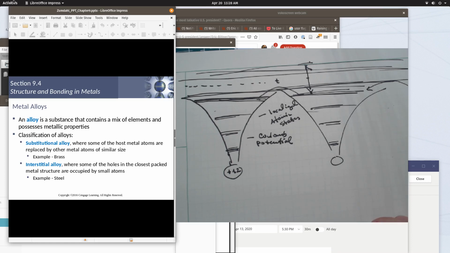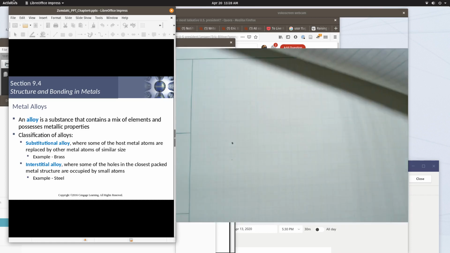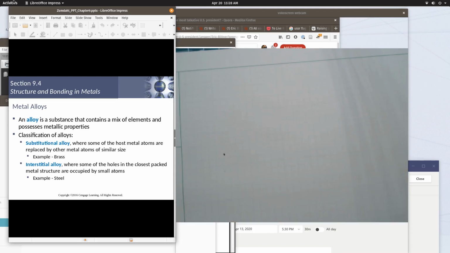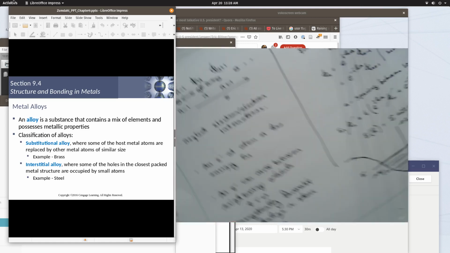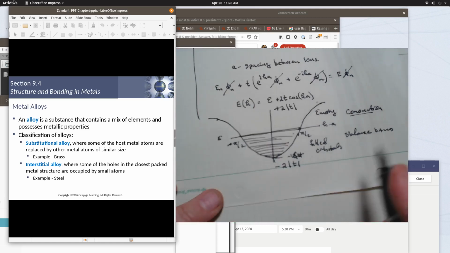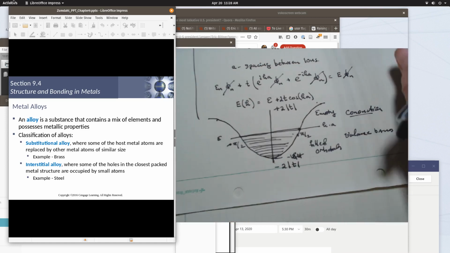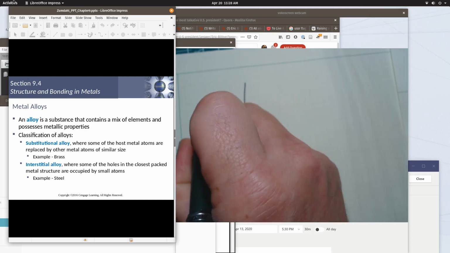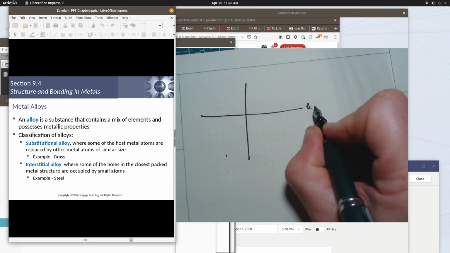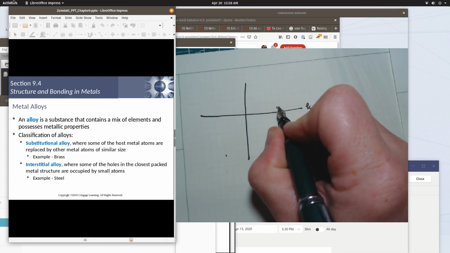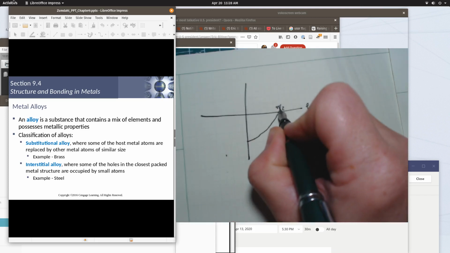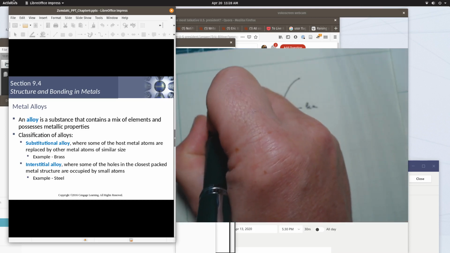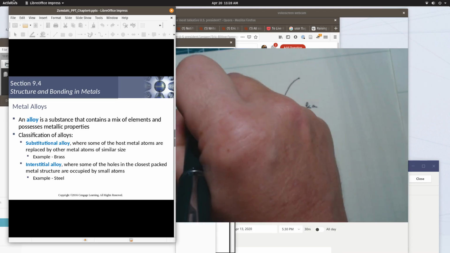Now, to continue on with what makes a metal, let me go back to my picture. If I look at the energies that I sketched of the metals, maybe I can draw another picture of this. The energies, and I can also go in the negative direction over here, minus pi over 2.